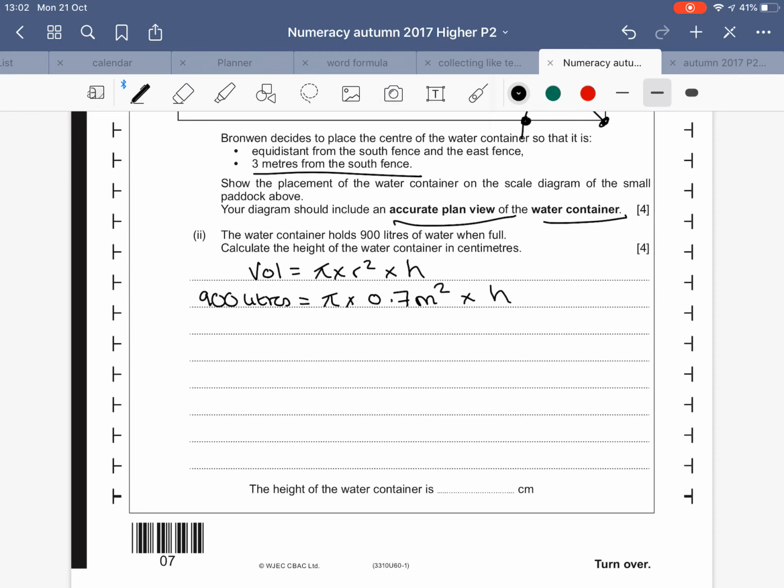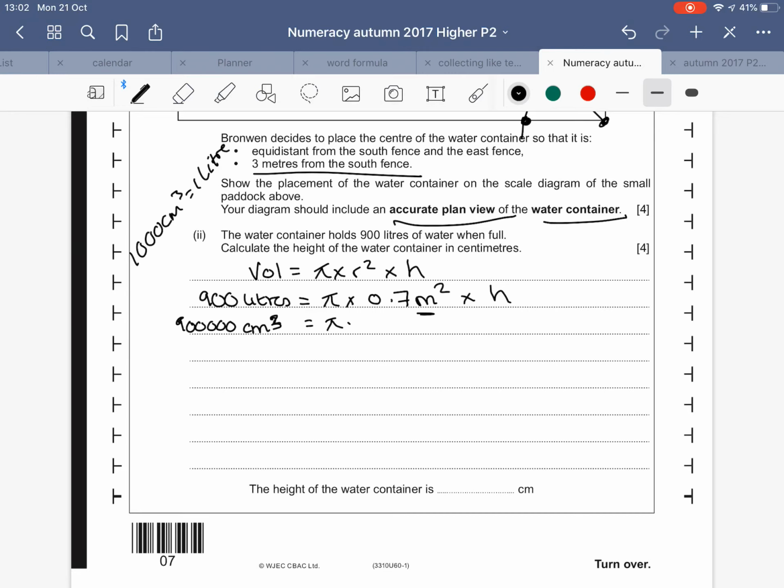Now, we've got 900 litres. You want to change that because I'm using meters squared here. So you should know 900 litres is 900,000 centimetres cubed, because 1,000 centimetres cubed is 1 litre. You need to know that.